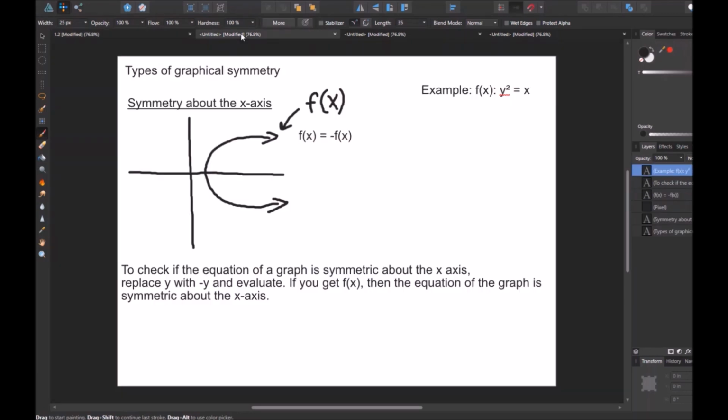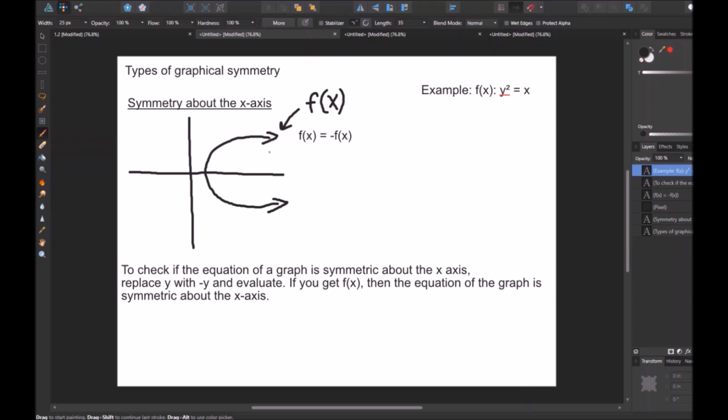Well, what does that mean? Symmetry about the x-axis is a graph where if you were to take this part of the graph underneath the x-axis and flip it up, it would be the exact same as the piece of the graph above the x-axis.